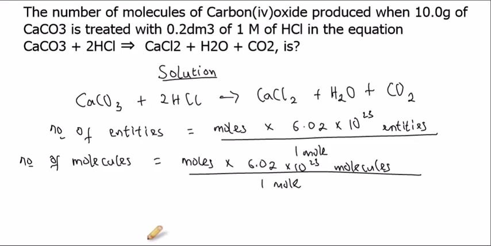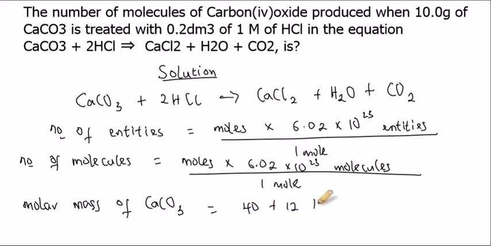So we have 10 grams in the question. The number of moles always equals mass over molar mass. So let's calculate the molar mass of calcium carbonate first. Without wasting much of our time, calcium is 40, carbon is 12, and oxygen is 16.